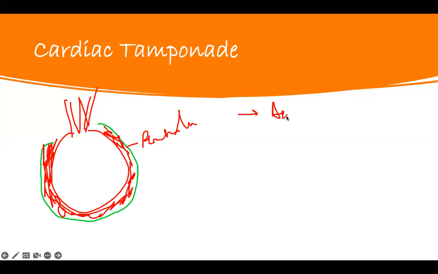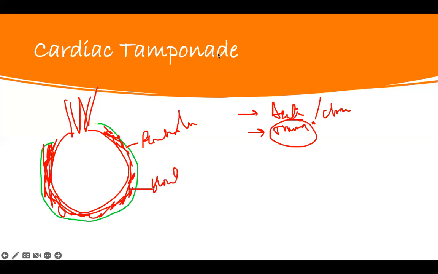This can happen acutely, and the most common cause is trauma. It can also be a chronic form, just from fluid, or maybe fluid from infection. Infectious fluid can do that. But I'm focusing on trauma, and this can be blood.